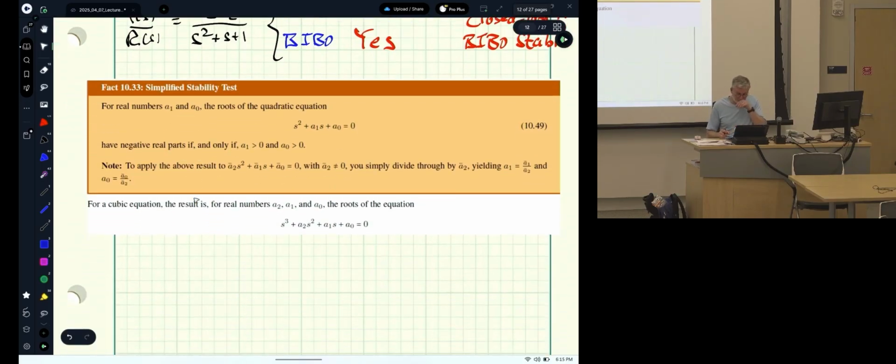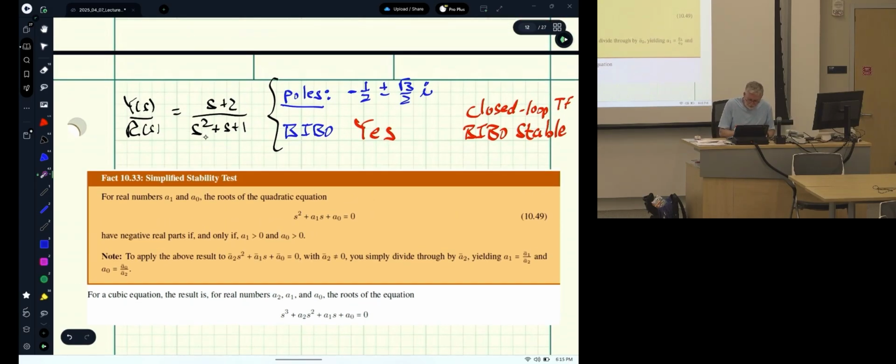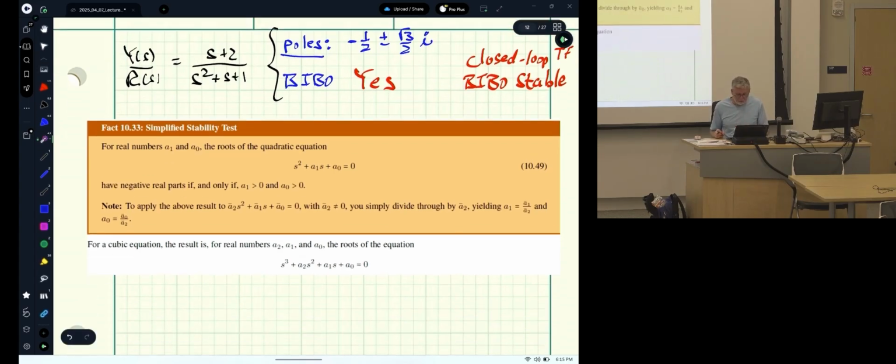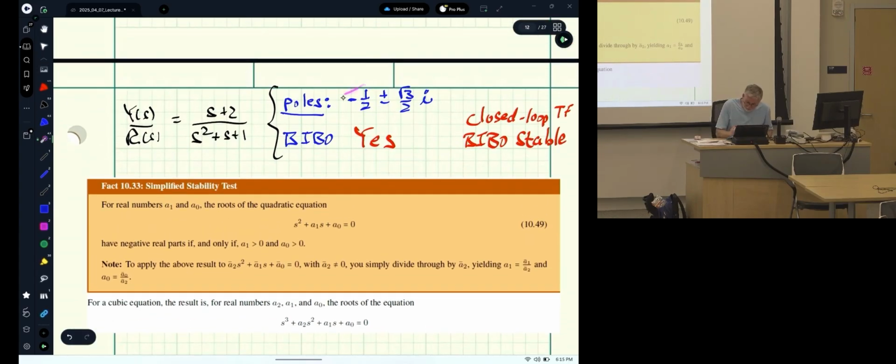So here's the fact. Suppose this is your denominator and you're determining poles. Notice here, I had to apply the quadratic equation. Okay. And then I could get it. There's an easier way to do it.